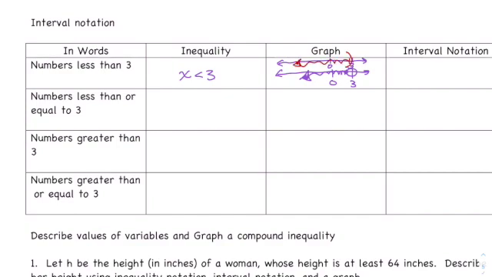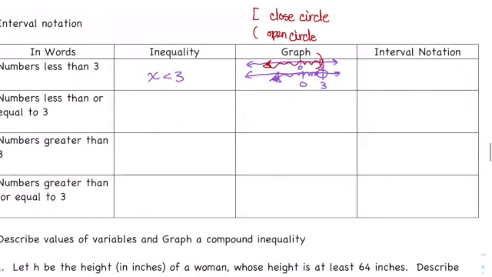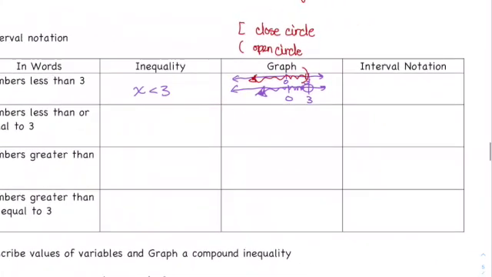Parenthesis represents an open circle, and bracket means a closed circle. Now you're going to have interval notation, which is the same thing. For a closed circle, you use brackets. For an open circle, you use parentheses. And for numbers that are unknown, in this case, anything, we will use parentheses for infinity or negative infinity.